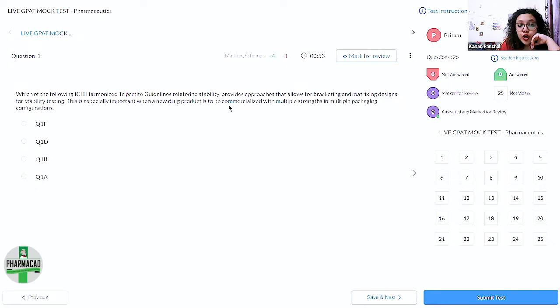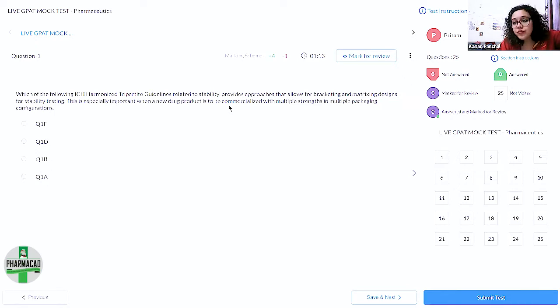So whichever Q1 guidelines there are, I hope you all are making notes as I'm speaking. Q1 guidelines, all of them are related to stability of a drug substance or a drug product.